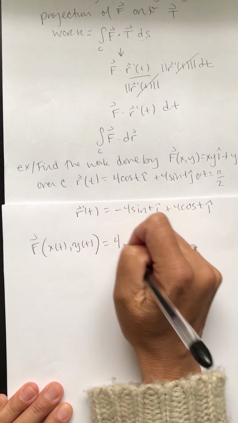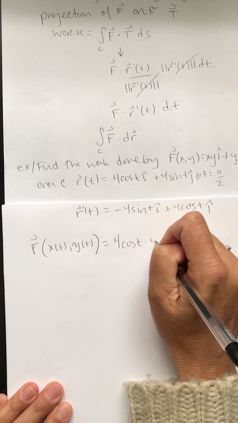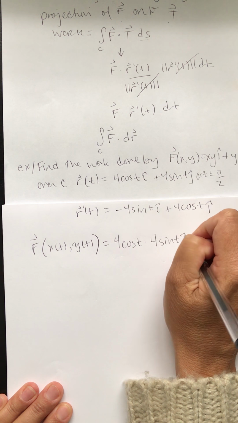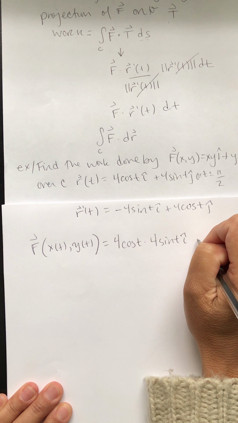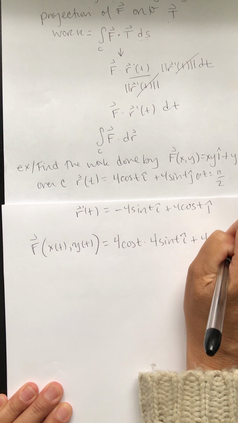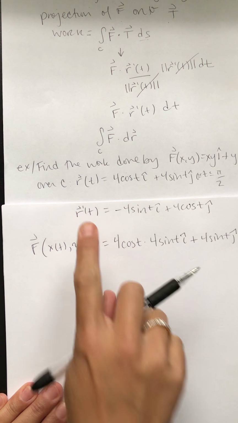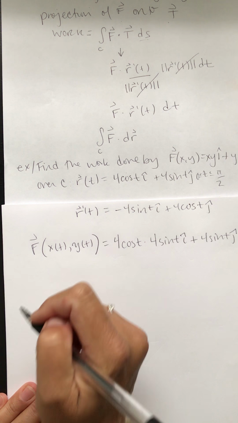So I have 4 cos t times 4 sin t i hat plus y is 4 sin t j hat. So now I have F as a function of t. I have r and r'(t). So now I can find my work.